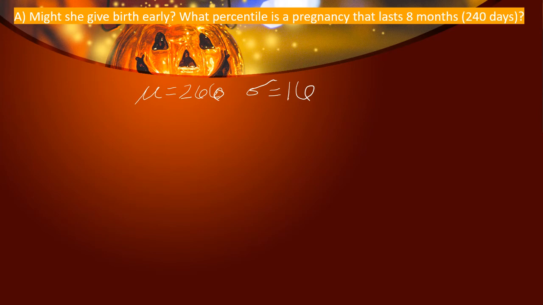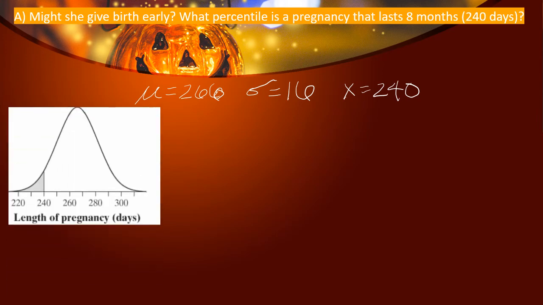The first thing I want to do is draw a distribution. What's the probability of being less than 240? So my x value is 240, and I want to know what's less than that. I took a picture because it's easier than drawing. So this is what my distribution would look like.